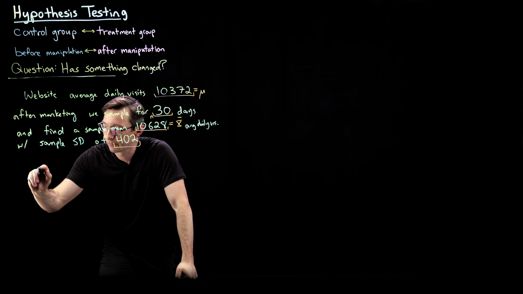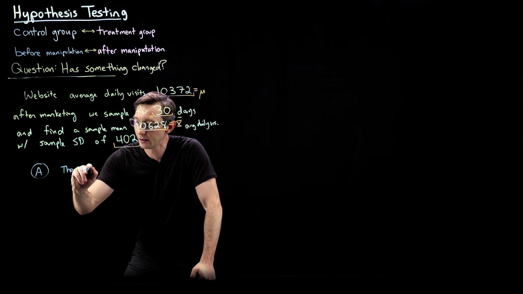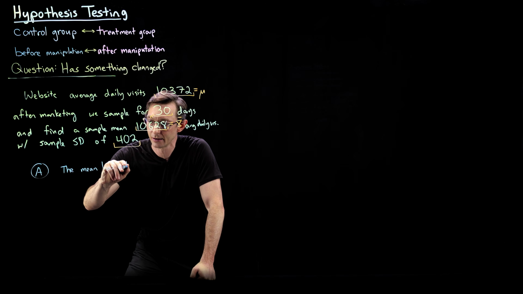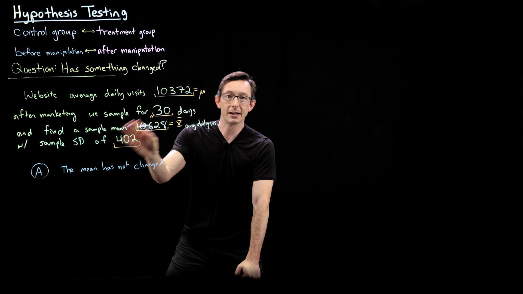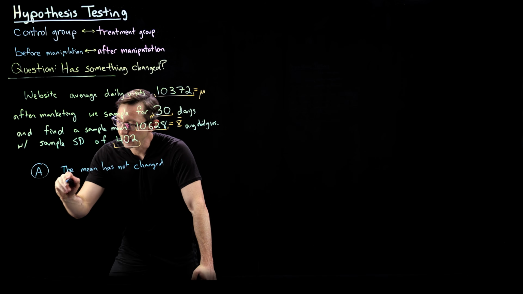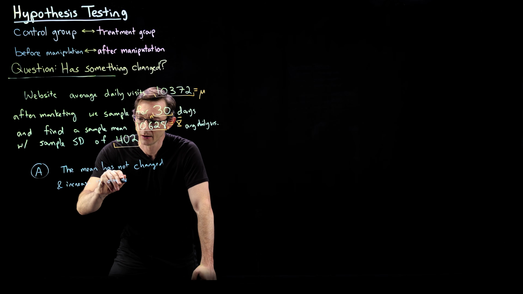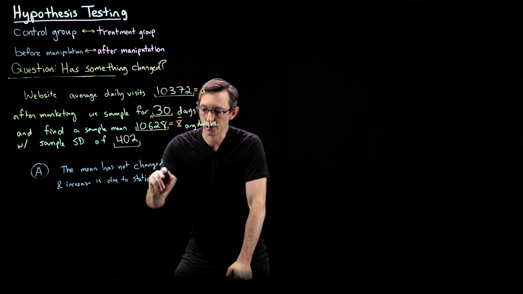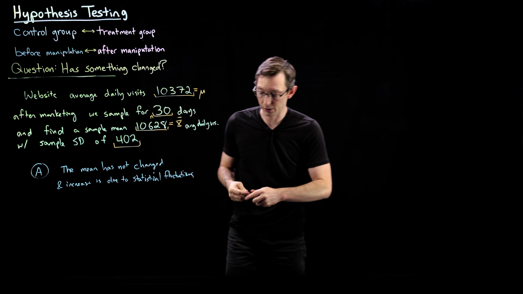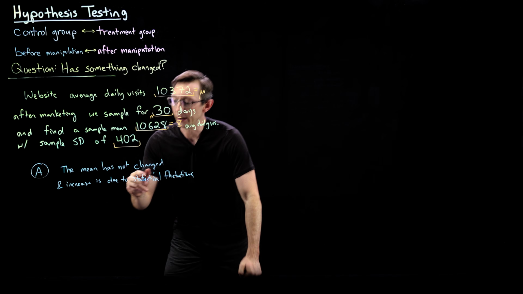So either the mean hasn't changed, the mean has not really changed, and the observed difference, this increase, is due to statistical fluctuations, just random fluctuations, kind of expected statistical fluctuations. We know that things are distributed and have a spread. This is called the null hypothesis.